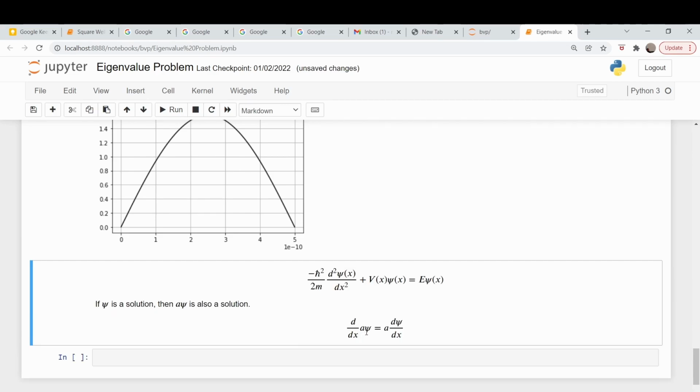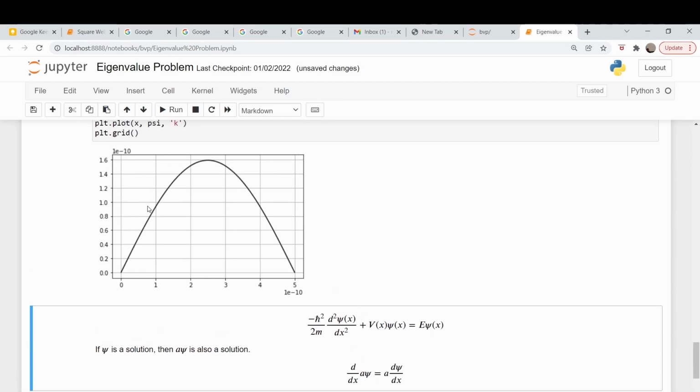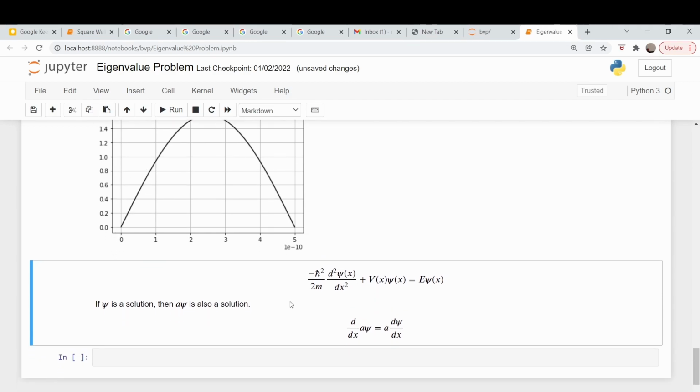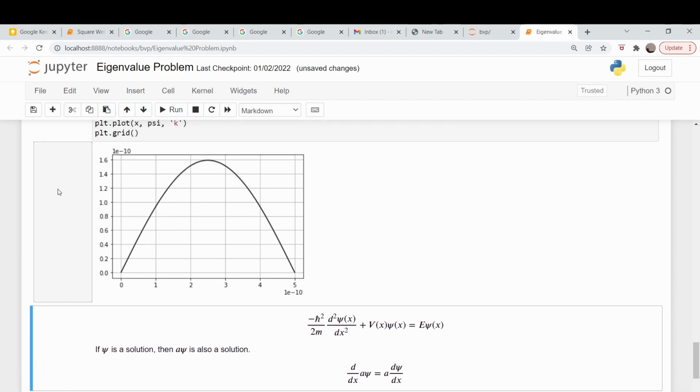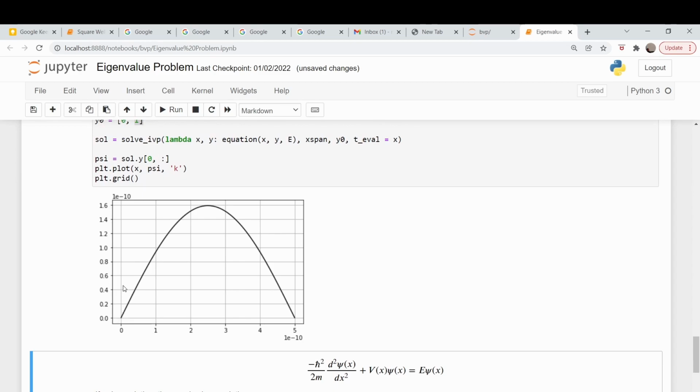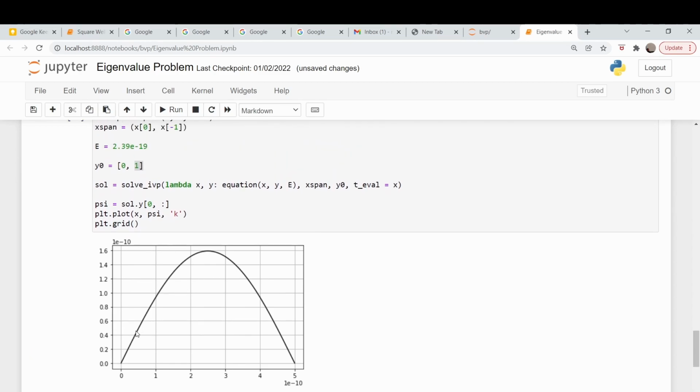Pretty obviously, if I differentiate a times psi, I just get back a times the first derivative of psi. So basically, when I plug in some arbitrary value for this that happens to satisfy our boundary conditions, like this one does, all I'm doing is getting back some scaled a times psi of the solution we actually want.